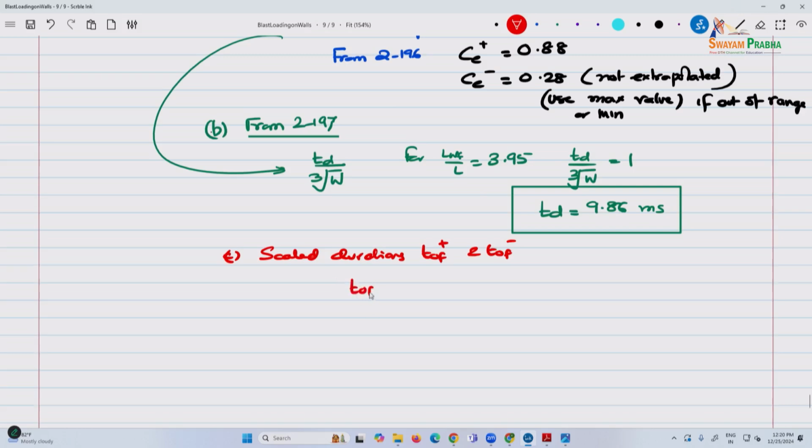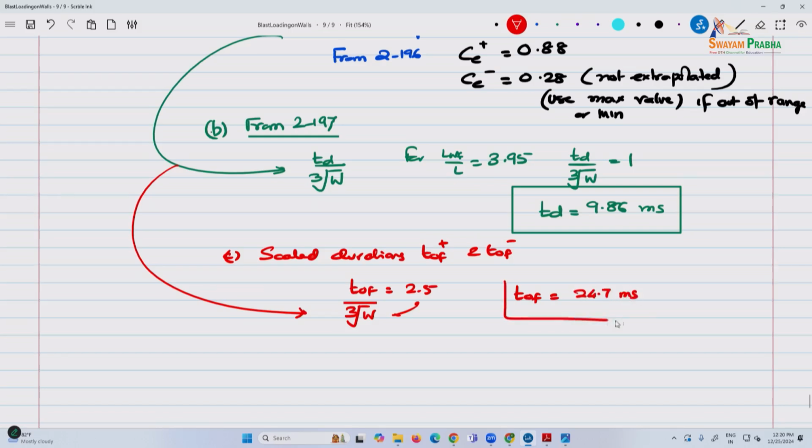TOF is by cube root of W, again that's used here also. Cube root of W is 2.5, so multiply these both, you get 24.7 milliseconds.